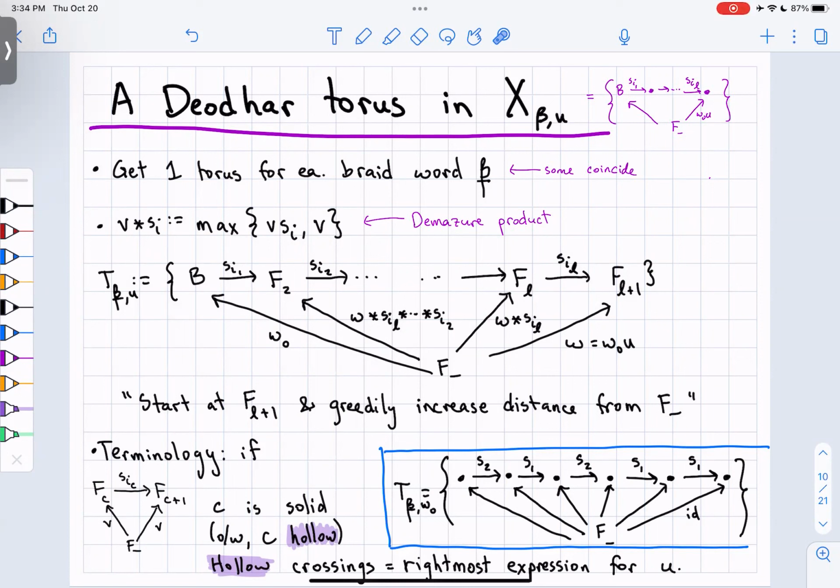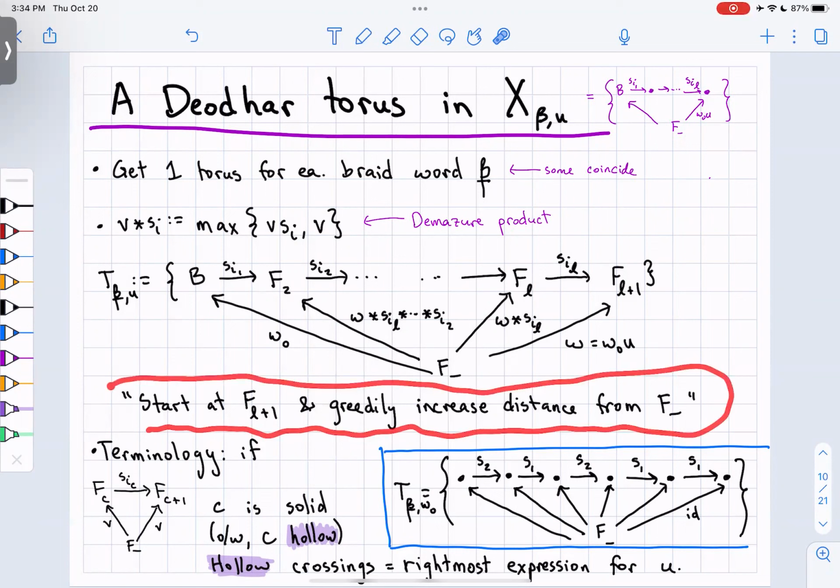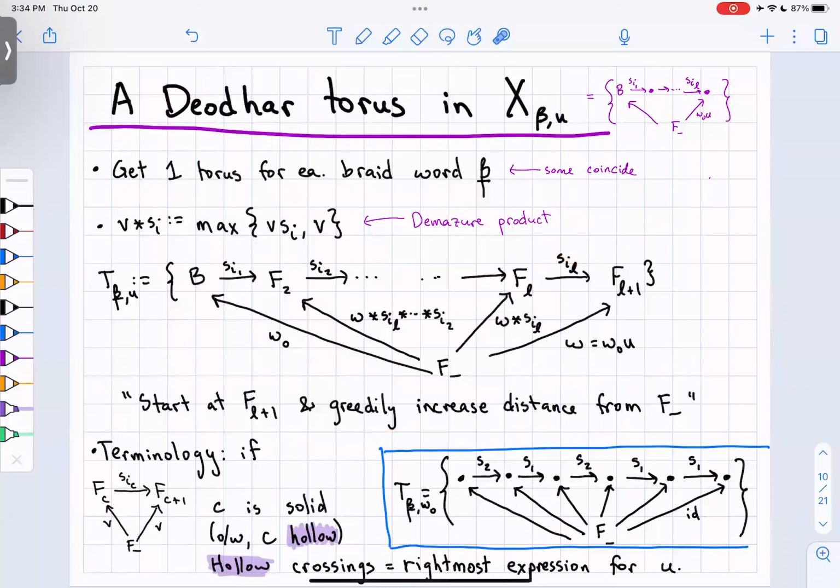Okay, so what is this torus? Well, in words, intuitively, it's all of those walks where if you start at the last flag and move to the left, you always greedily increase your distance from the anti-standard flag. So what do I mean? Our walk ends at some point.